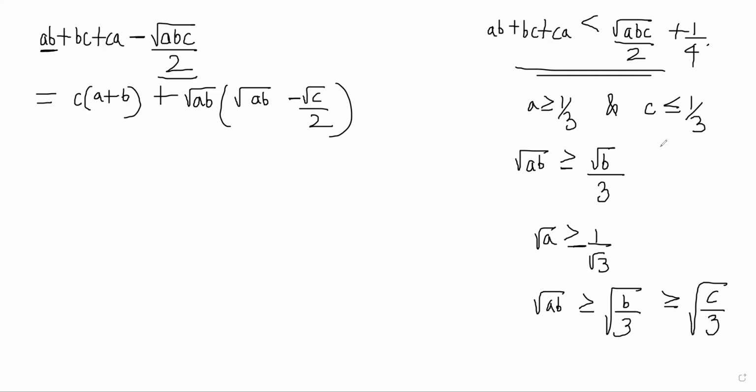And similarly, by AM-GM, we should have root AB is less than or equal to (A plus B) by 2, which is root AB is less than or equal to (1 minus C) by 2. We should have these inequalities here.